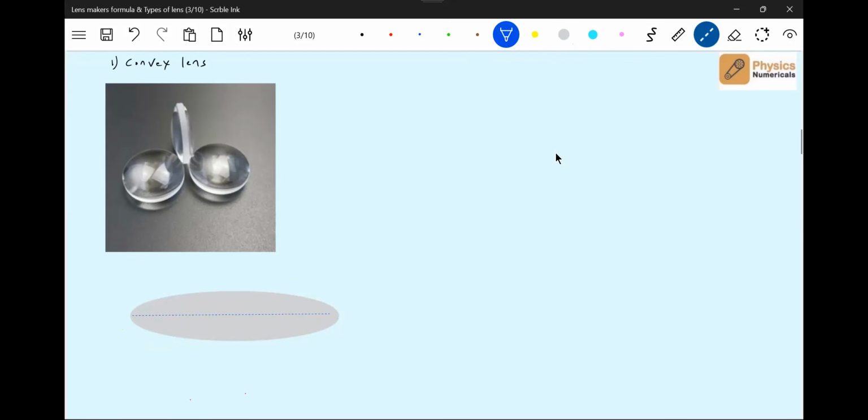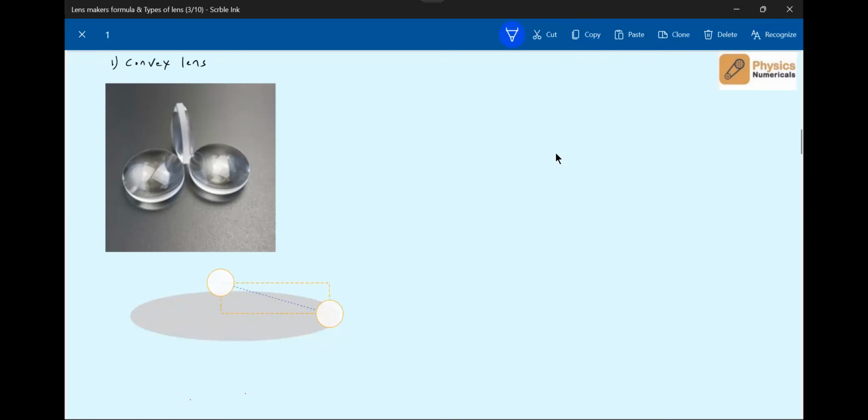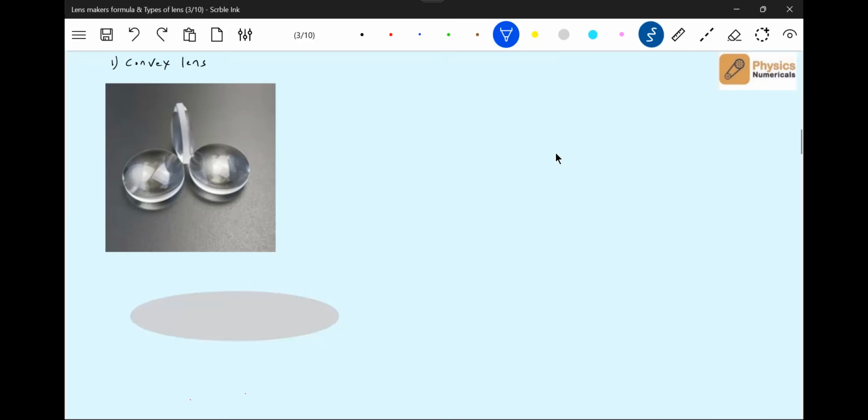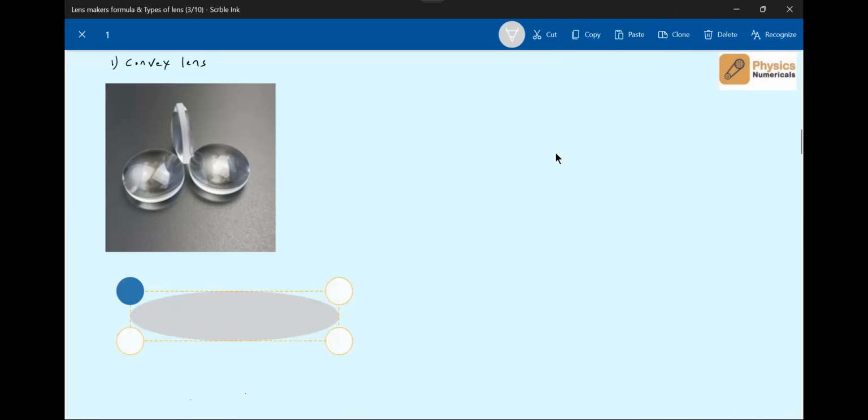Usually we show this lens in this way. This is what happens in the books.